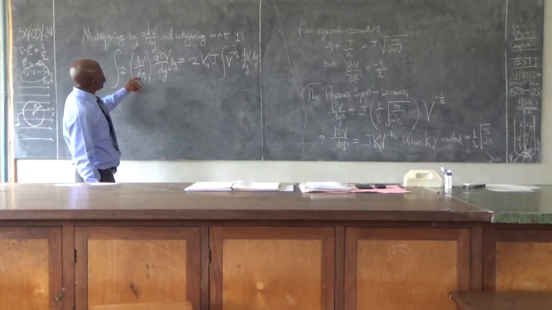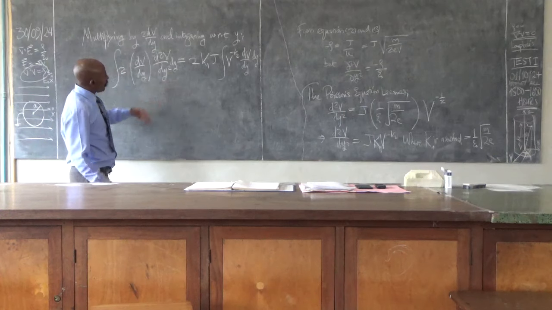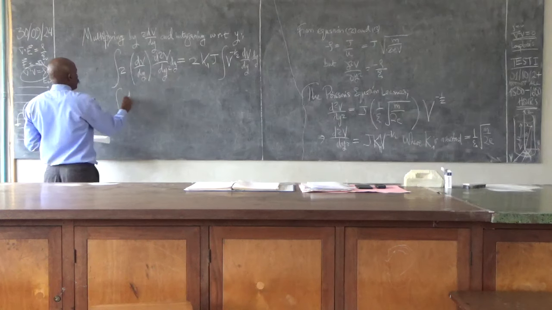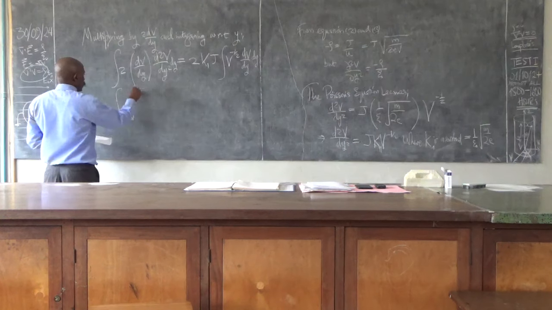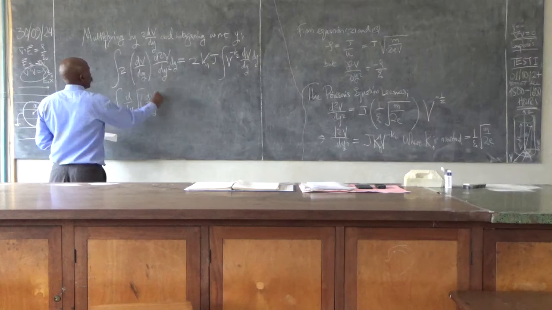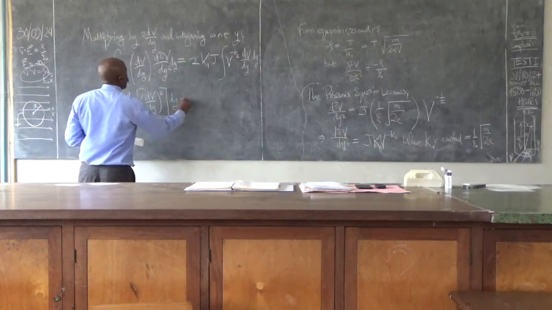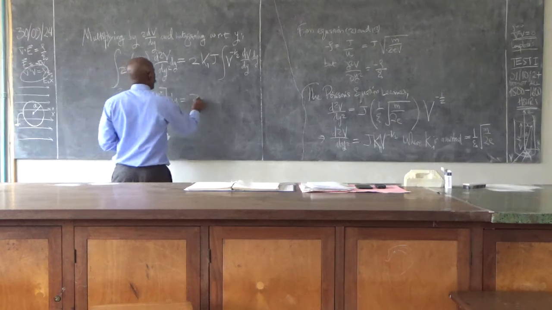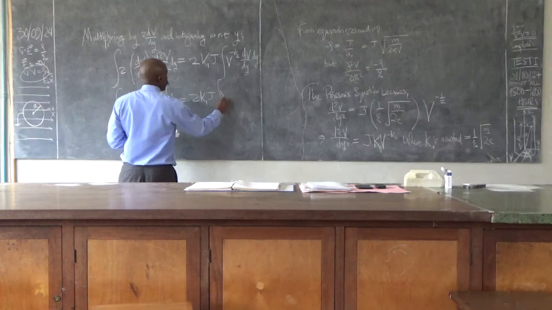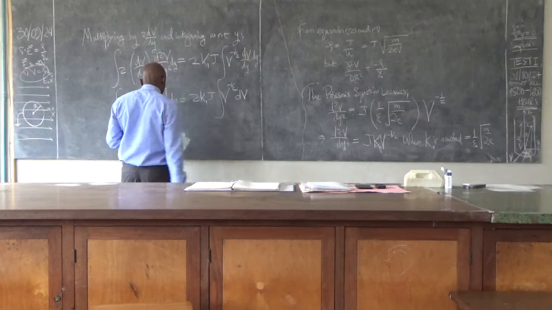This one says you differentiate, then you integrate, so we can as well say that this is the integral of d dy of dV dy squared dy, being the same as 2 K1 J integral of V to the minus a half dV.